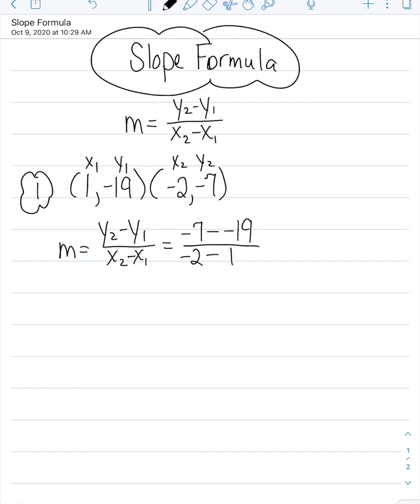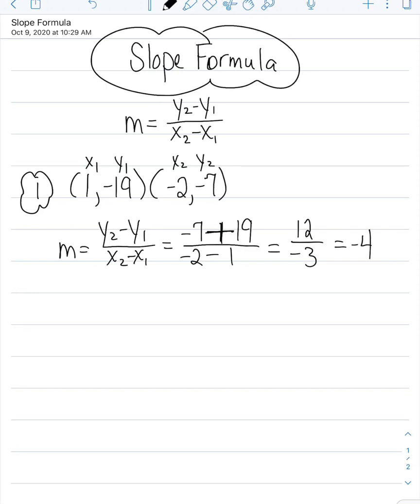So that's the ratio that I'll use to find the slope of this line. Now let's just do it. Let's simplify the top, simplify the bottom, and then we'll reduce the fraction if we can. So 2 negatives make a positive. Negative 7 plus 19 is 12, over negative 2 minus 1, which is negative 3. So here we want to see if it's a whole number, and in this case it is. 12 divided by negative 3 is negative 4.